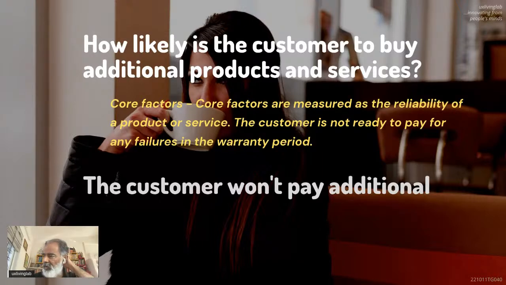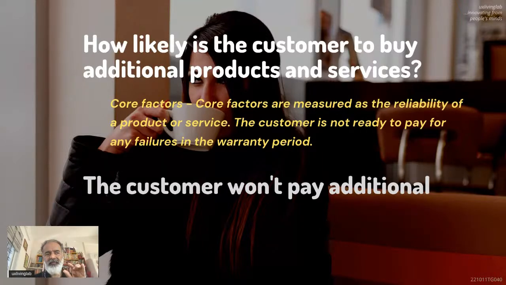If the coffee is not giving what they expected, or the coffee is not triggering as an energizing drink for the customer, the core factor failed, and they say that the coffee powder is not good or the coffee making is not proper, so I am not interested in having this coffee. And you have to replace that coffee, but the customer won't pay for that replacement. That way you have to understand that's a core factor.